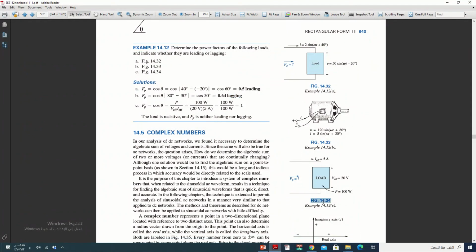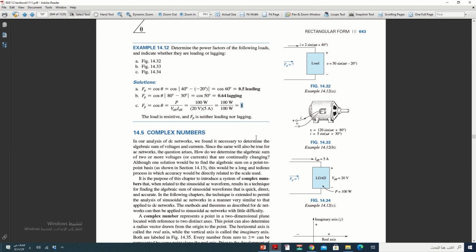What about this picture? It's written the RMS current 5, and RMS voltage 20. Nothing else is written. This means the load is a resistor. We can find it directly. P is 100 watts divided by 20 multiplied by 5, 100 over 100, it is 1. And if we find the power factor is 1, this means the load is a resistor.